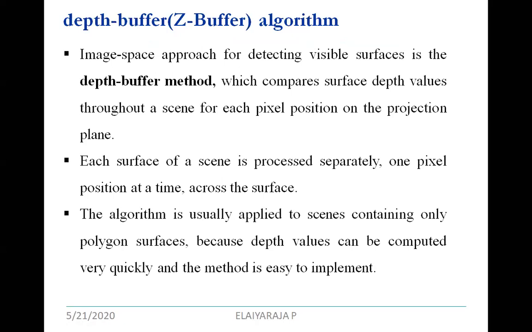Whatever image is projected on your viewing plane, how you are going to read that and how you are going to eliminate by the depth value. The depth buffer method compares the surface depth values throughout the scene, which will be projected on your projection plane, for each pixel position on the projection plane.